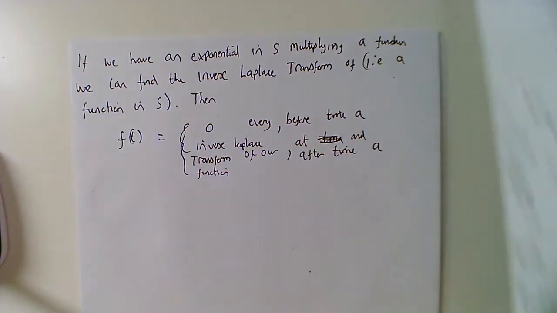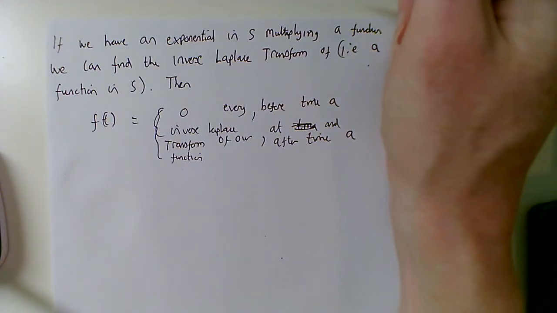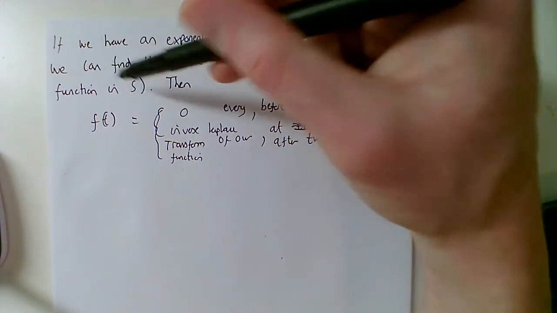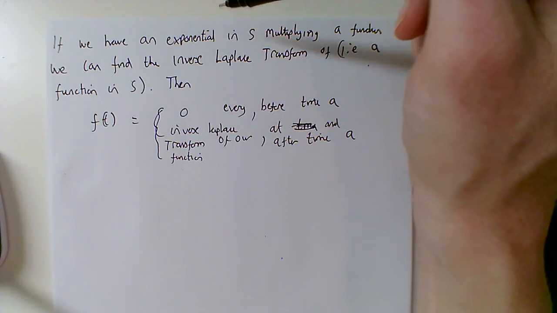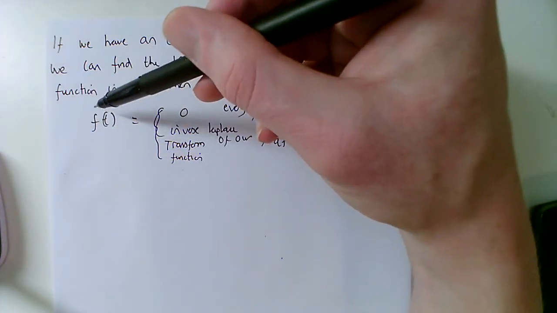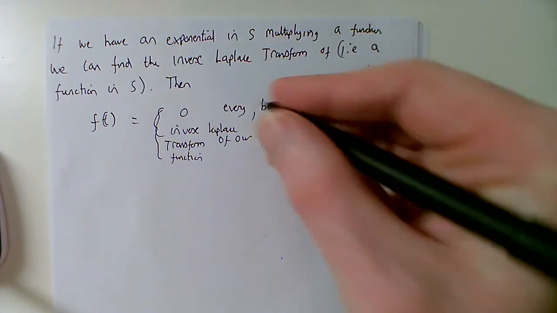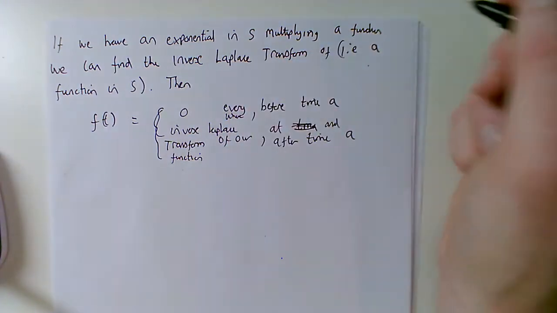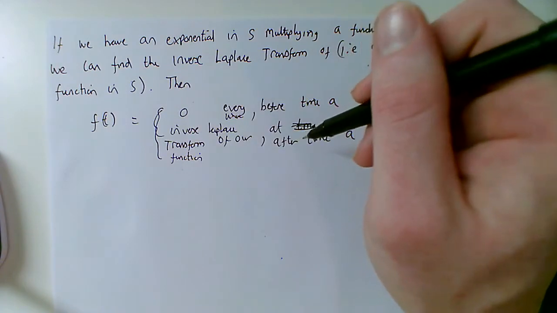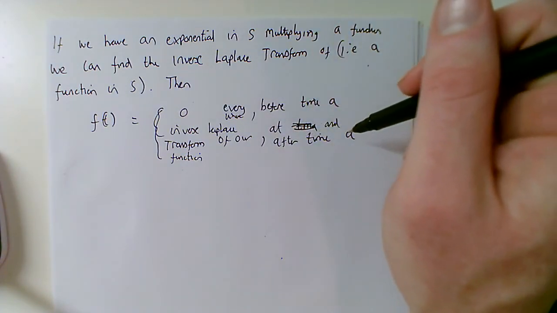Okay, so if we have an exponential in s multiplying a function that we want to find the inverse Laplace transform of, i.e. a function in s rather than a function in t, then the inverse Laplace transform, or f of t, is 0 everywhere before time a, and the inverse Laplace transform of our function at and after our time a.